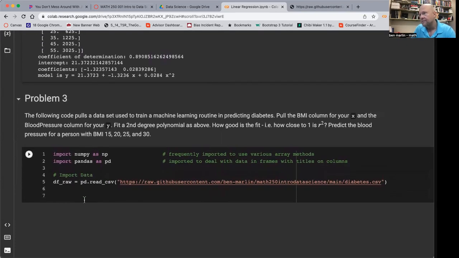Okay. So your problem is to pull this data here, this data related to the BMI, that's body mass index. It is a number that doctors assign that's supposed to tell you how fat somebody is. Okay.